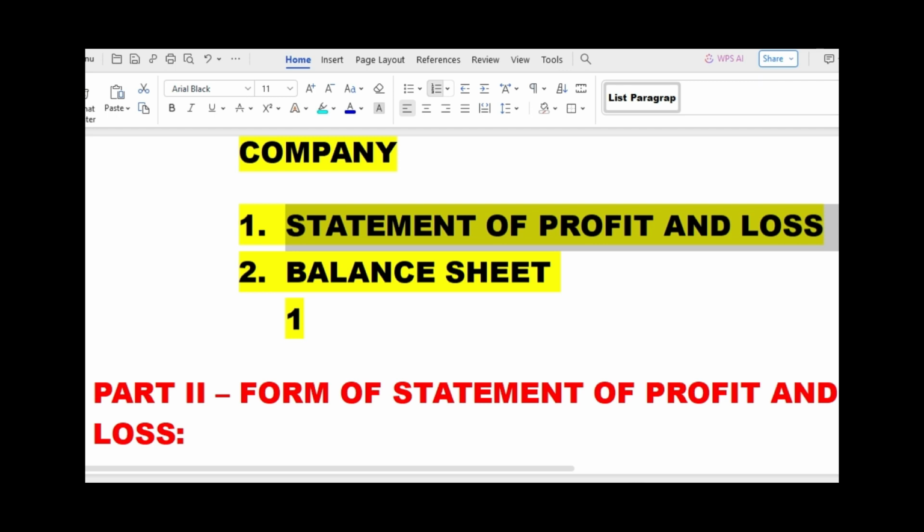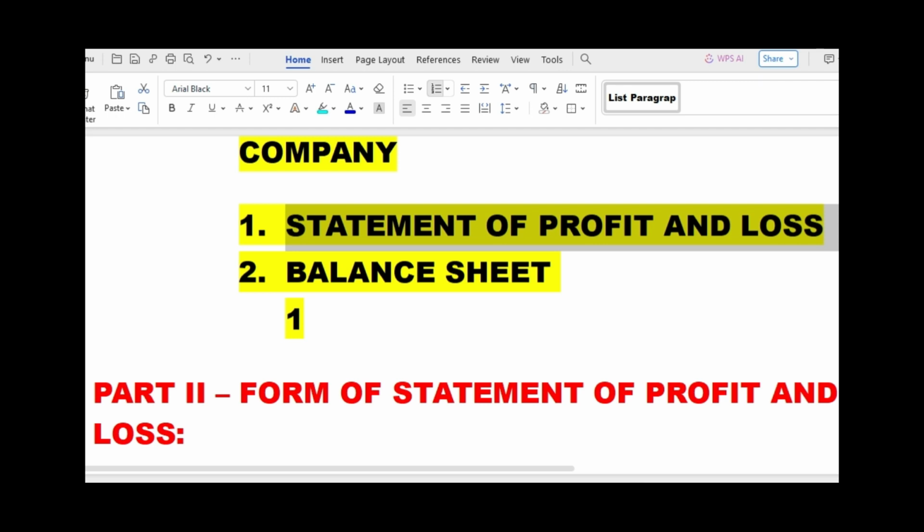Liabilities are the obligations borrowed from outsiders of the business. It may be non-current liabilities, it may be current liabilities. So the amount borrowed by the business from outsiders, which is repayable. Loan taken from a bank is a liability. Goods purchased on credit, where the amount is not yet paid, is payable: sundry creditors, current liabilities. So like this, the financial position and the obligations the business has are shown.